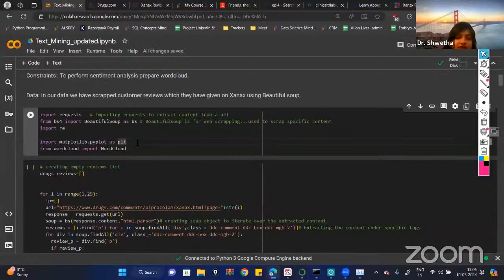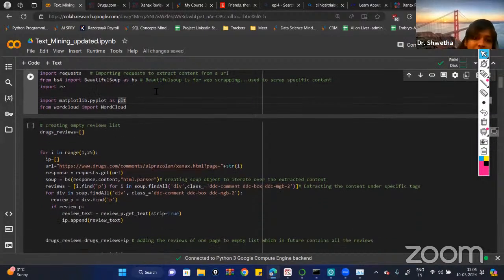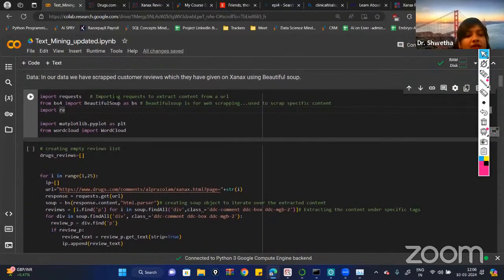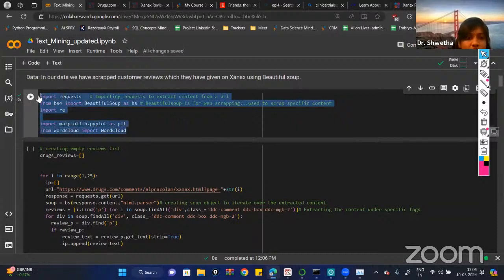And then we are importing wordcloud for word cloud preparation. These are the different libraries. If we have to run a cell in Colab, we just write the code here and then click on this. Okay, so this cell got executed, and we have imported all these libraries into our session.